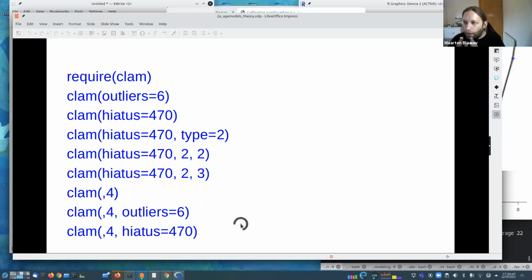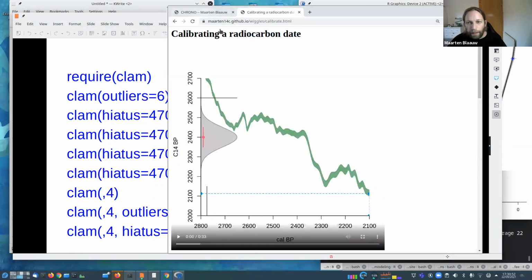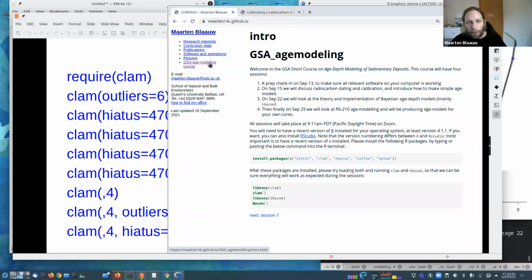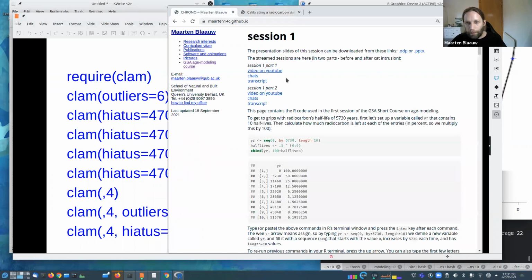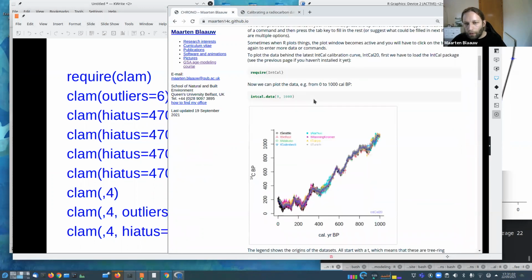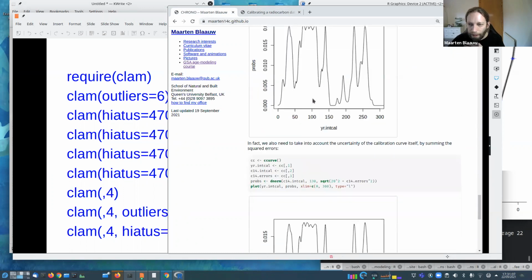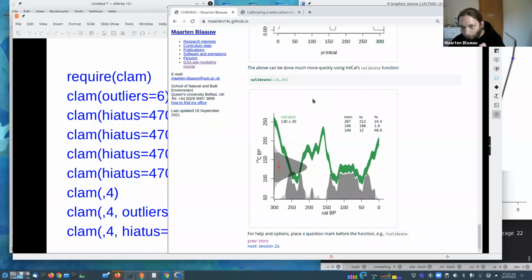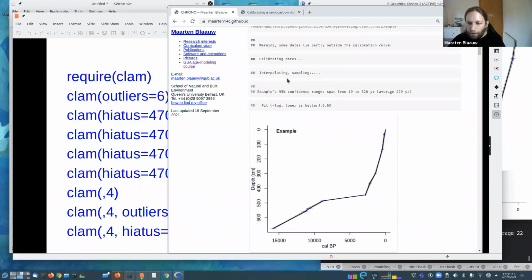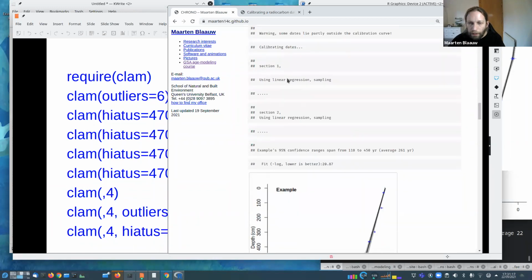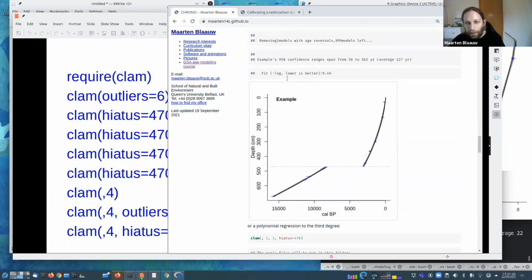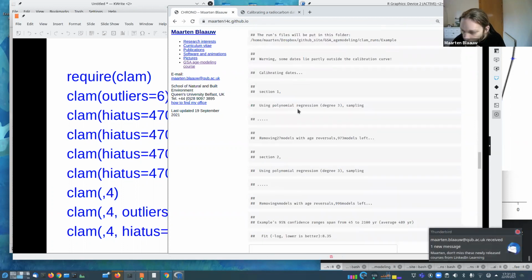Just so we're all aware, we also have the website, the GSA age modeling course, which has the sessions with most of the commands that were given, so you can follow afterwards what happened. We're now in session 2A, and we're around here now.